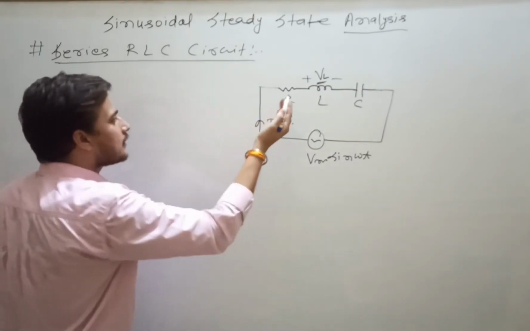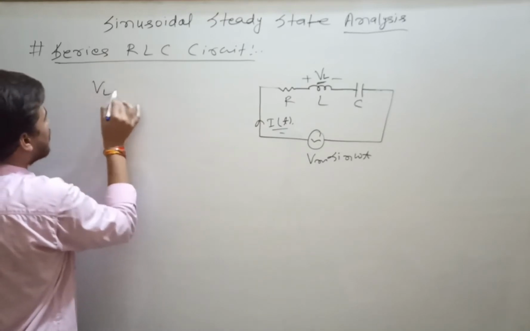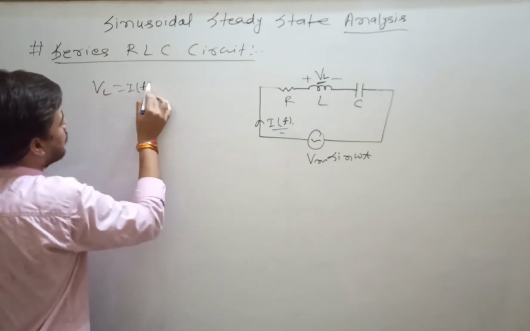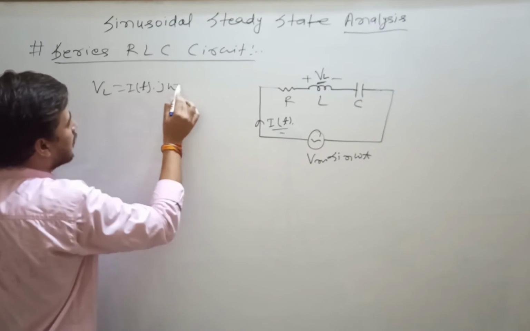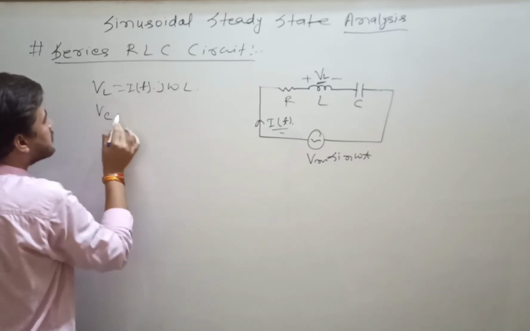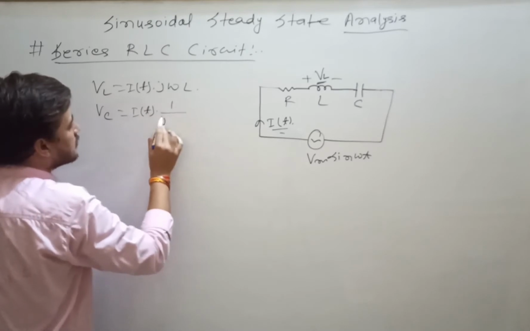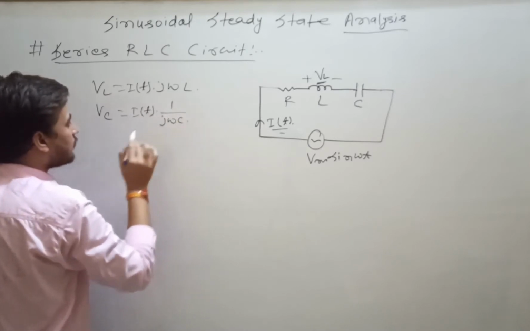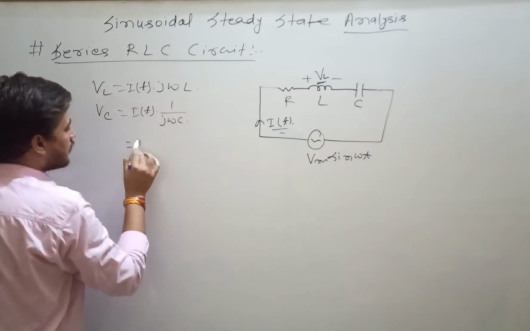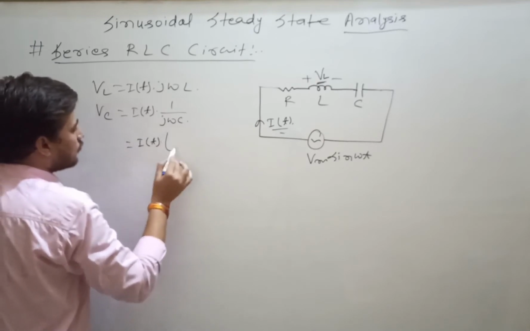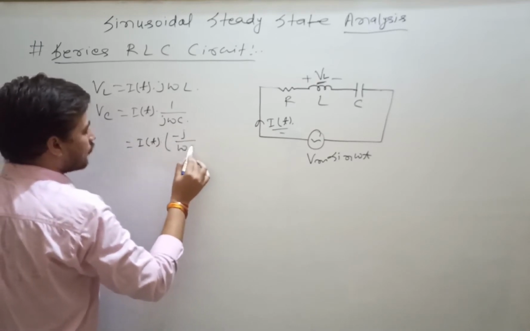Because the value of VL will be nothing but IT into j omega L. Now if you write VC, so VC will be what? IT into 1 upon j omega C. So 1 by j can be written as minus j. So here it is IT into minus j divided by omega C.